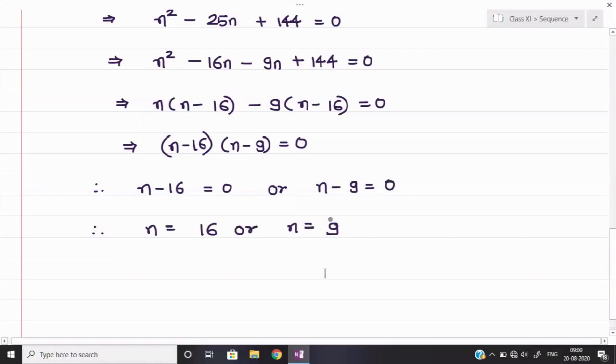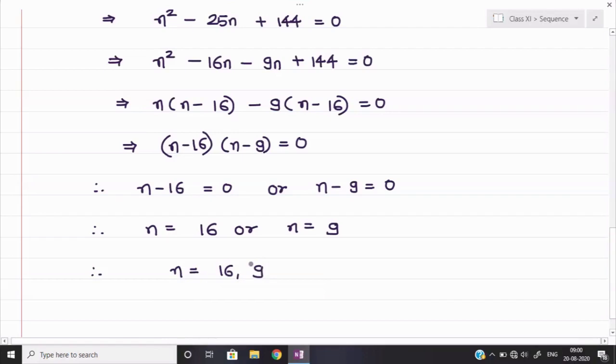Now see, the problem is that normally when we solve a quadratic equation and try to find a positive integer value, after solving, one value either comes negative or comes as a fraction. But here both the values are coming as positive integers. Now what shall we do? Definitely the value of n will be any one.